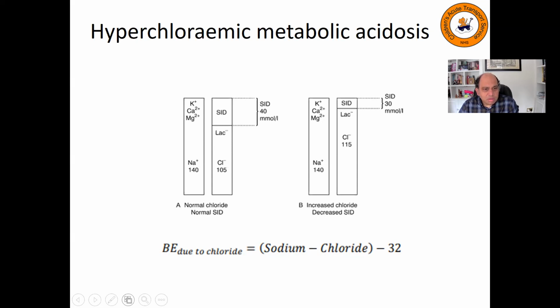Negative ions are chloride, lactate, and there is a strong ion difference of around 40 millimoles per liter when the chloride is normal, whereas when the chloride goes up, which often happens with giving sodium chloride fluids, 0.9% sodium chloride, the strong ion difference becomes less, and therefore the patient becomes more acidotic. So they develop signs of metabolic acidosis, which is mostly related to the hyperchloremia.